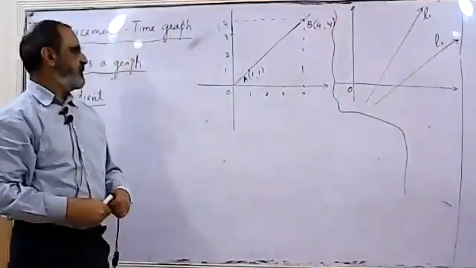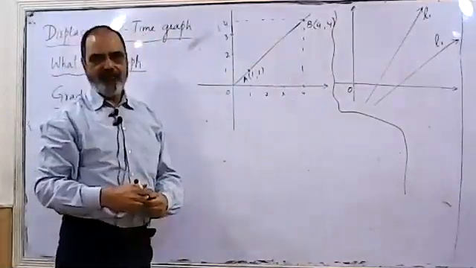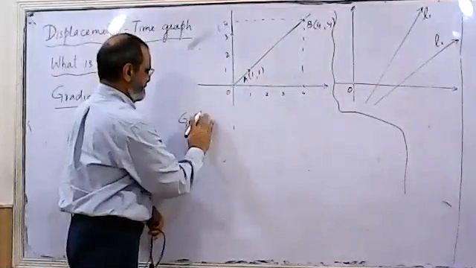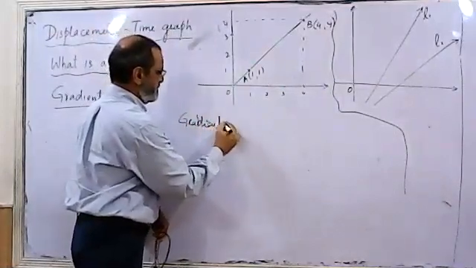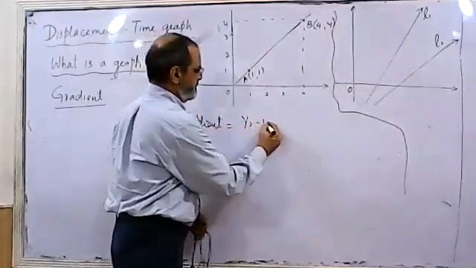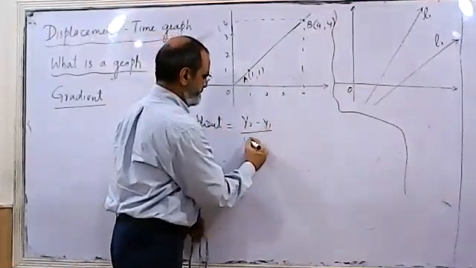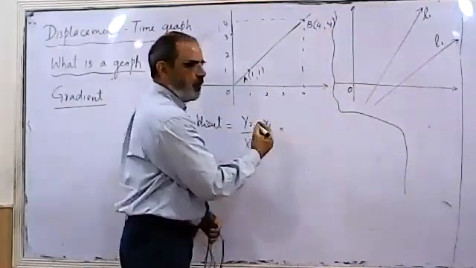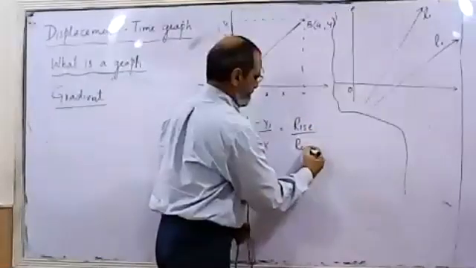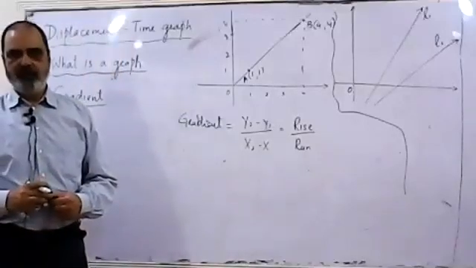Points A and B with the coordinates 1, 1 and 4, 4. The gradient of this line, you people are familiar with the formula. Both these formulas give you the gradient of the line.